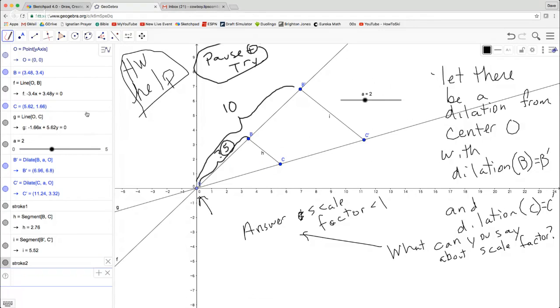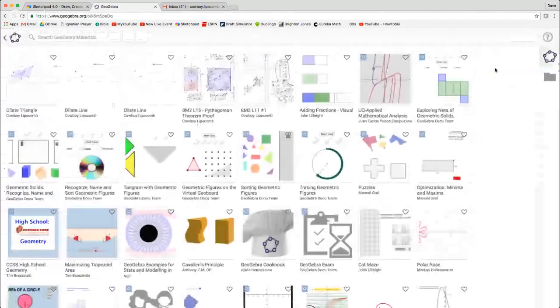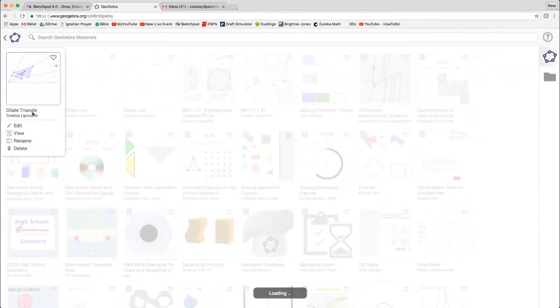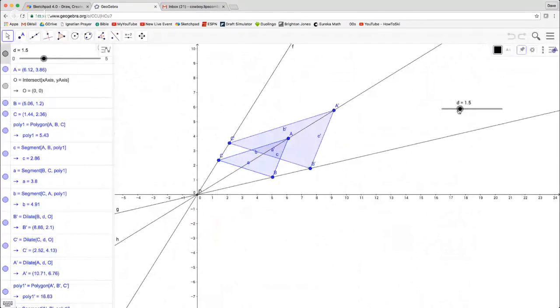I'm going to show you one more thing. You can also dilate a triangle. So if I start here with a triangle ABC, and we hide our triangle real quick.